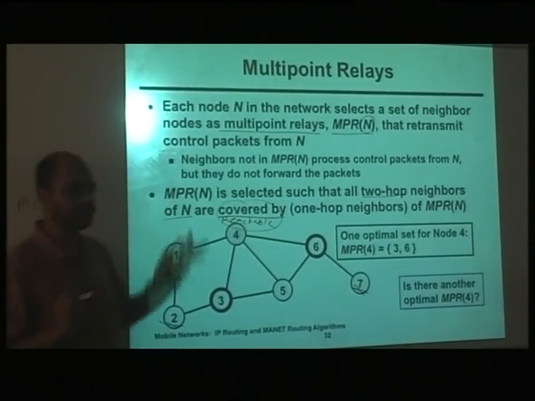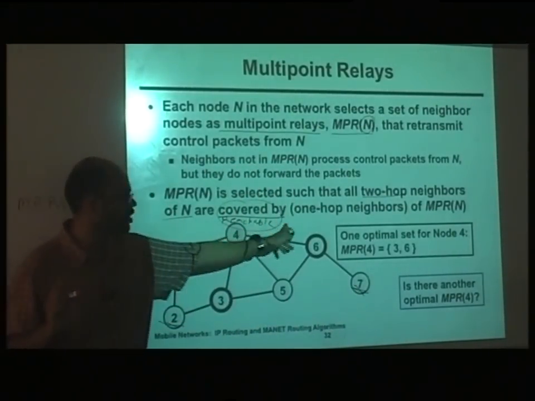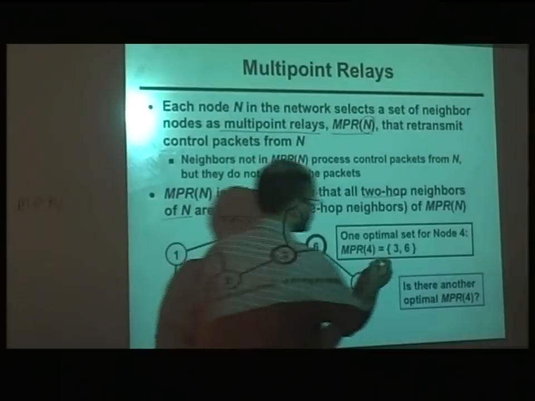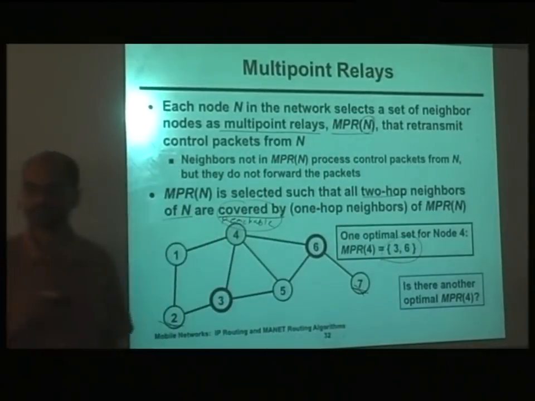Now these should be reachable by one hop neighbors of whatever set we are going to find out. We should be able to reach this node in one hop. So which are those nodes with which we can reach them in one hop? 1 and 3. You can take 1 or 3.